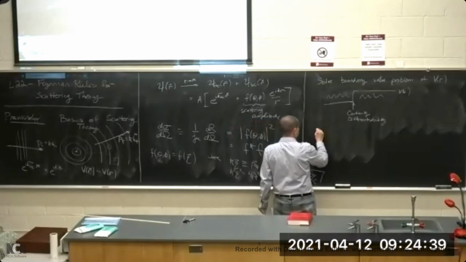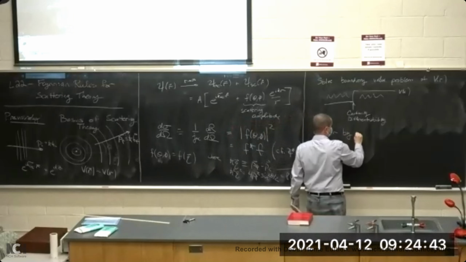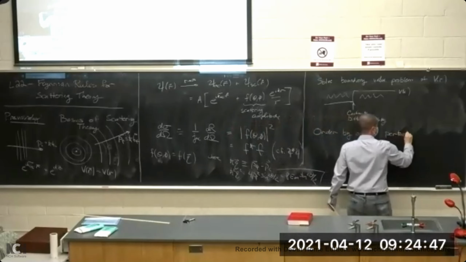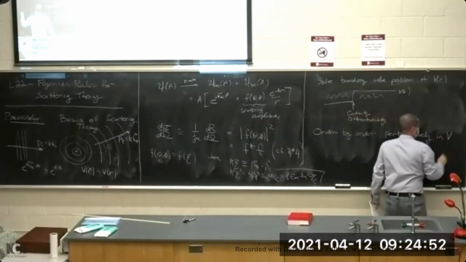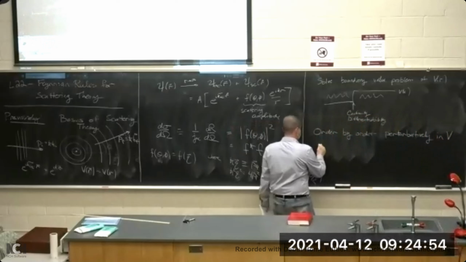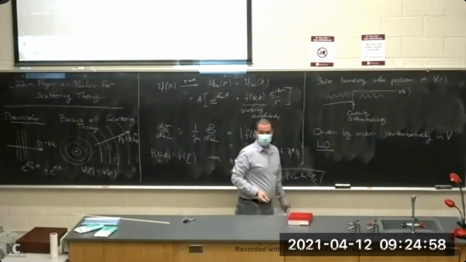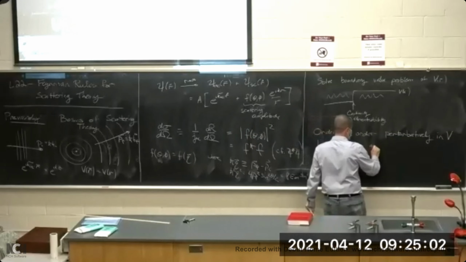So instead, one can try to solve order by order perturbatively in the potential V. At lowest order, which is sometimes written as LO, lowest order or leading order, that corresponds to the Born approximation.